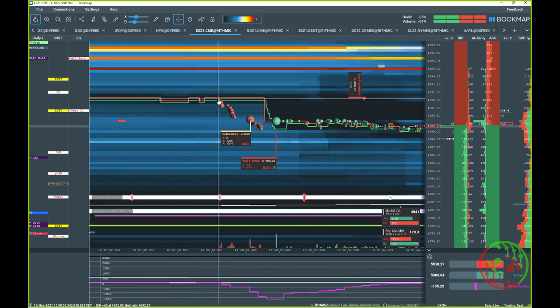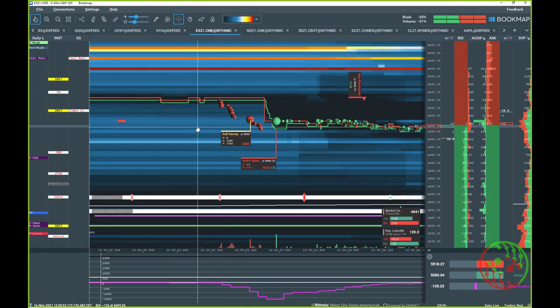So when you zoom in into Bookmap, you see the sweep started somewhere here and goes down. The order ID was finished at 46.90. That means this algorithm which traded the sweep, its intention was to get 3,000 contracts.